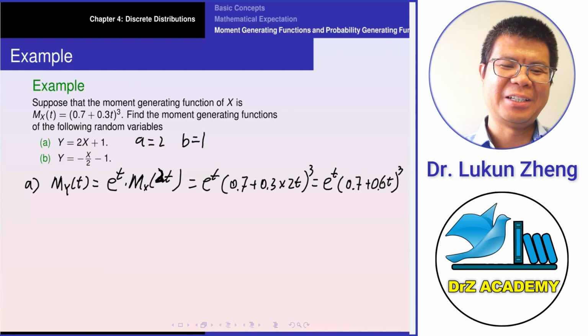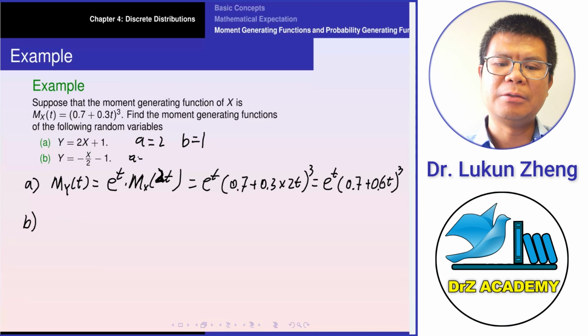Now the second one is also easy. So here a is -1/2, b is -1. So my of t equals e to the power -t mx of -1/2 t.